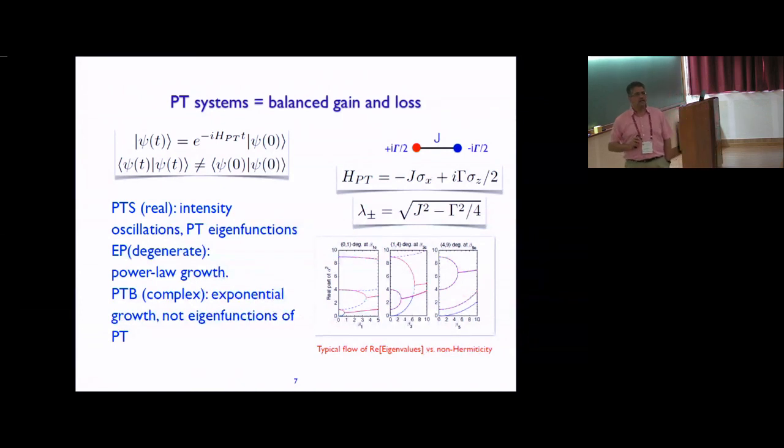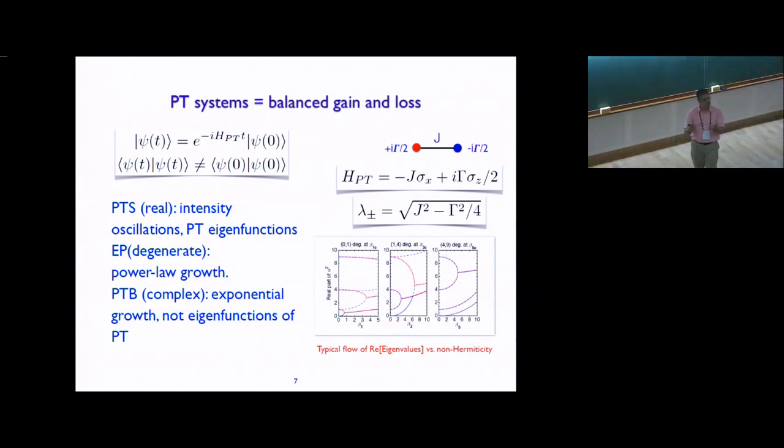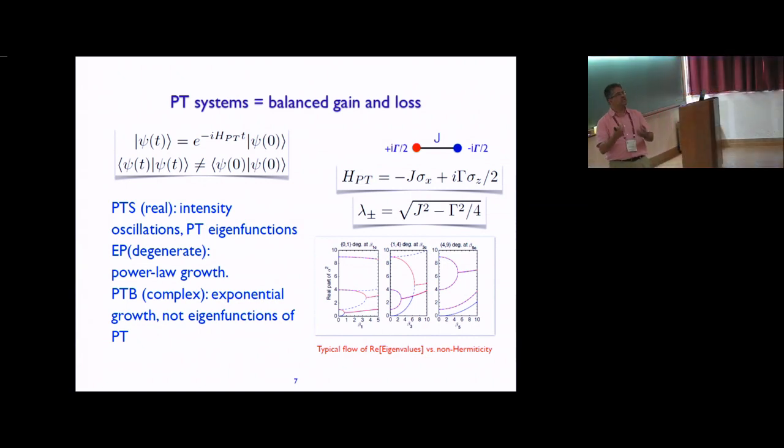In this system, which is an open system with some gain and loss, this quantity will oscillate, and the eigenfunctions would be eigenfunctions of the PT operator. And roughly speaking, what that means is you cannot really tell which one is the gain side and which one is the loss side in the system. Basically, the behavior looks symmetric between gain and loss. You cannot tell which one is the gain side or the loss side. Yeah.